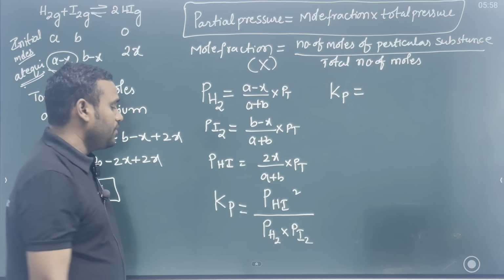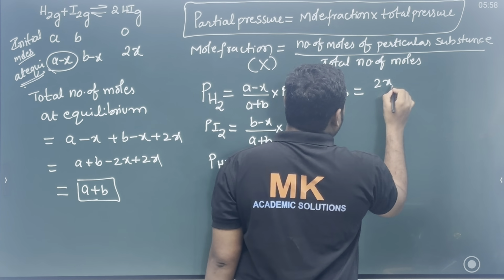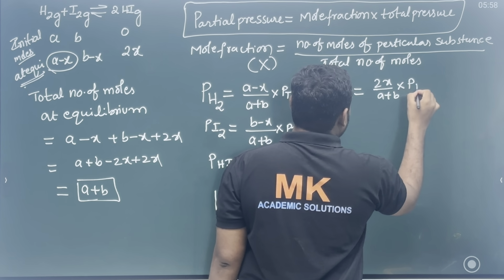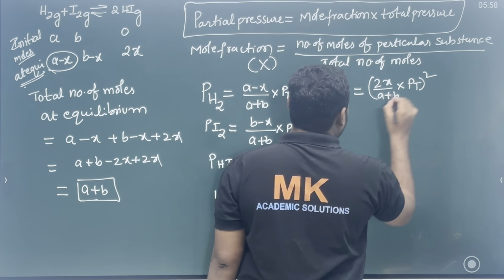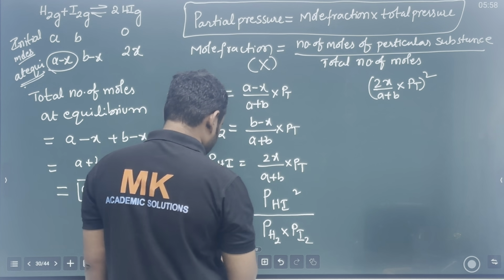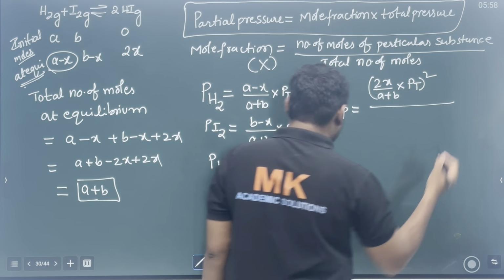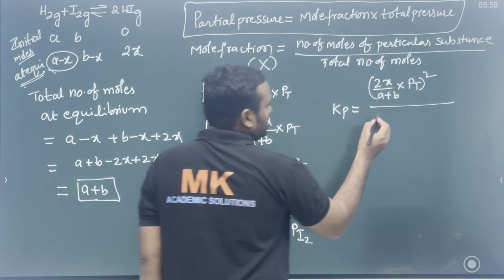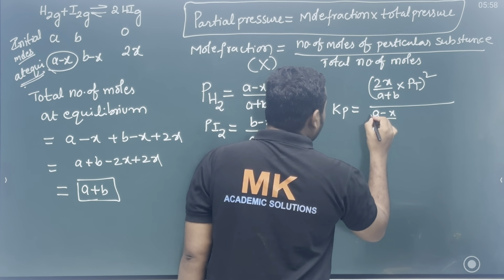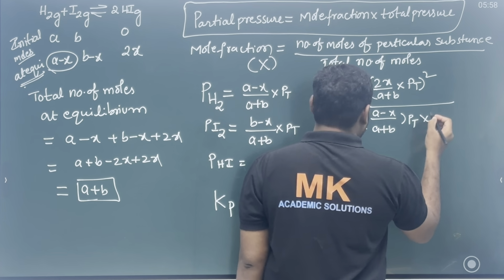What is the partial pressure of HI here? 2x by A plus B into Pt, whole square, by partial pressure of H2, which is A minus x by A plus B into Pt, into partial pressure of I2.